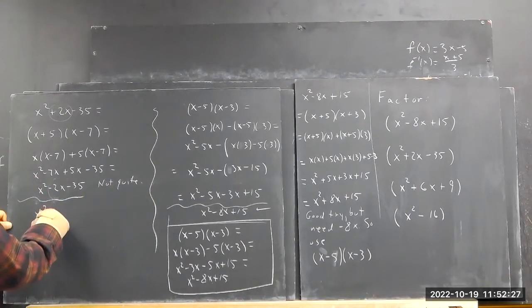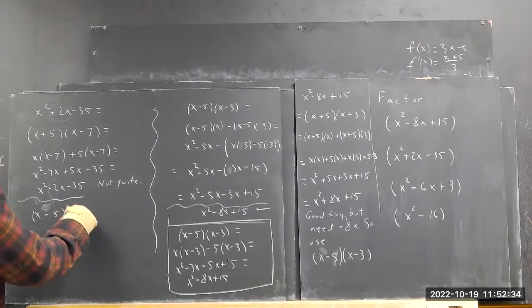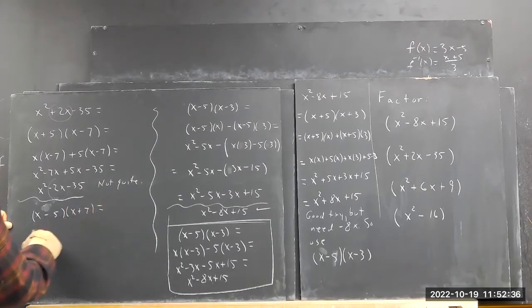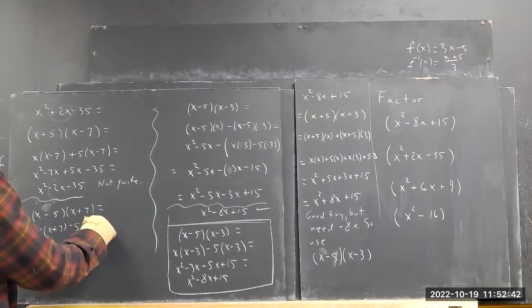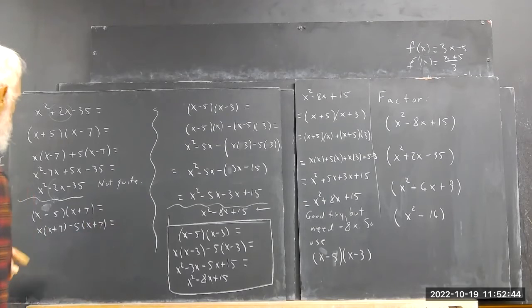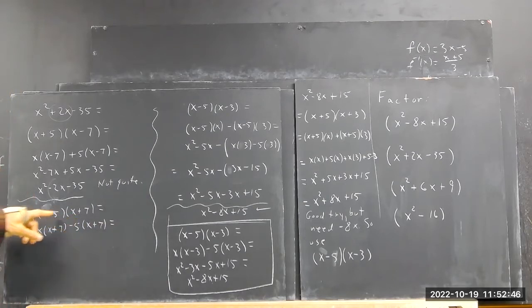Do x squared, do x minus 5 times x plus 7. We get x times x plus 7 minus 5 times x plus 7.